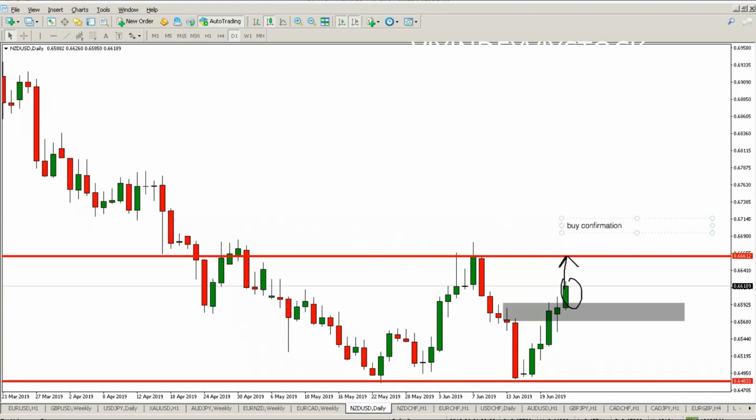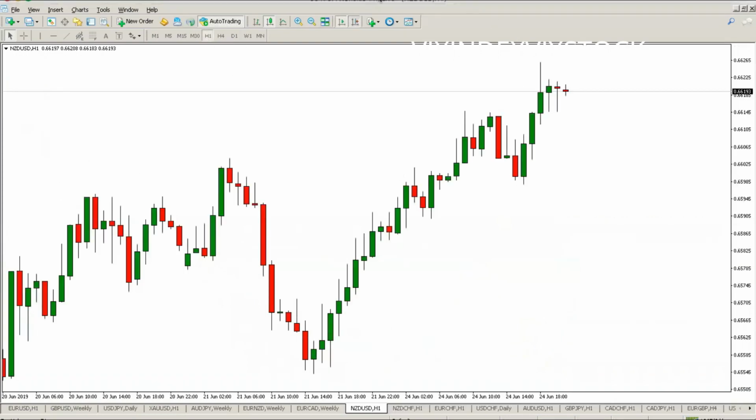So now you can move toward to a 1 hour time frame. There we go. So now you wait for this, that, then you take it up. You wait for a retracement, then you take the market up. So this is what happened.